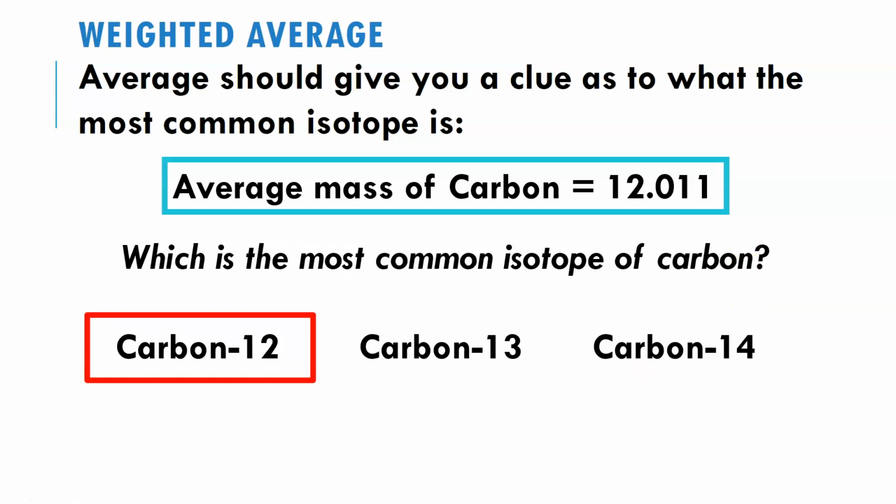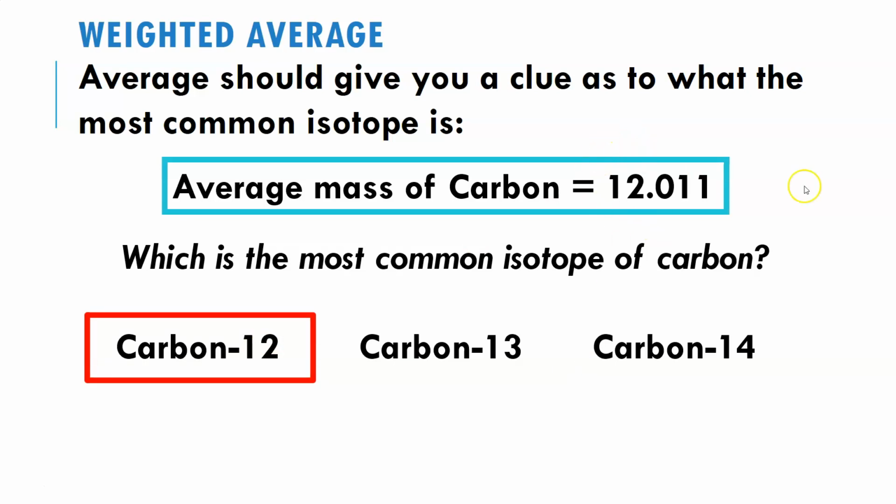Now, there could be some times where maybe it's like a 50-50 or something, right? It may be a little bit more tricky, but this common isotope rounding problem, I would only give you if the answer was going to be pretty obvious. So whatever this rounds to, we'll go ahead and say is the most common isotope.